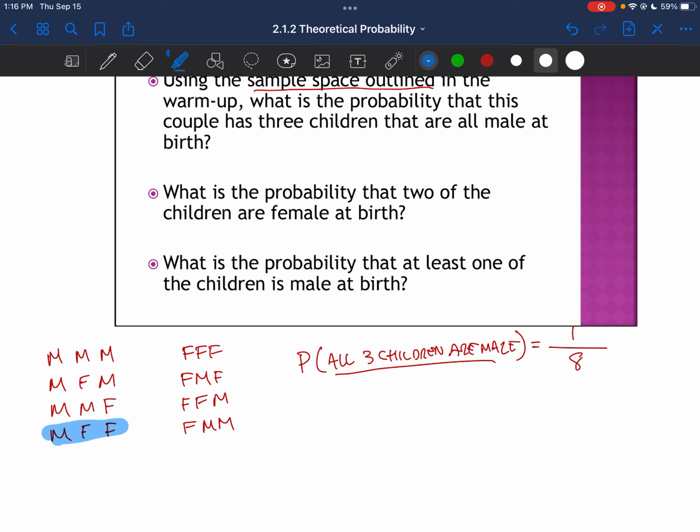There's 1 here, there's 1 here, there's 1 here. Now I might not have been able to count that as easily if I didn't have my sample space listed out. And so the probability of 2 females is 3 out of 8.